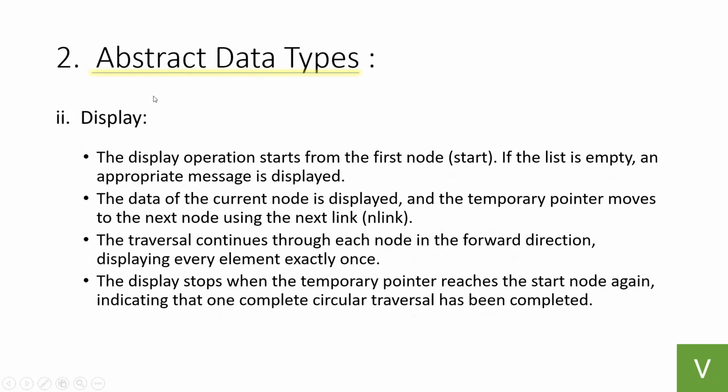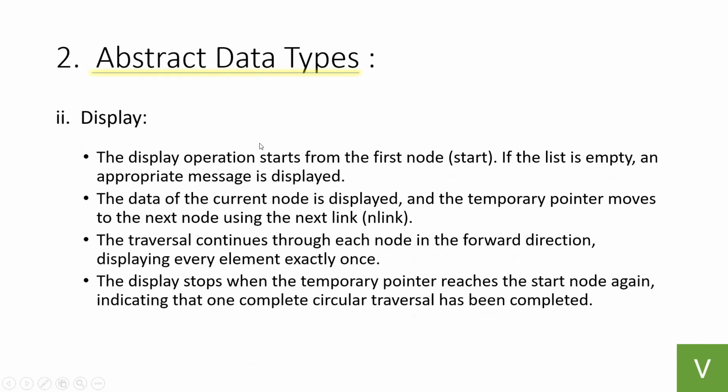The create function I already discussed in the previous video. In this video I am going to explain only the display function, how to display the elements in the double circular linked list. Initially, if start is null, we will print that the list is empty. If start is not equal to null, we will have a temporary variable called temp, which corresponds to the starting node.